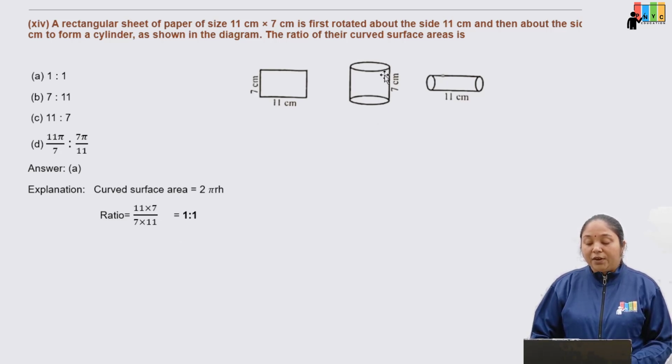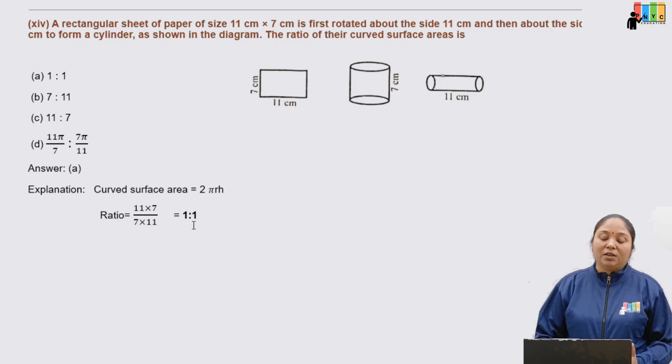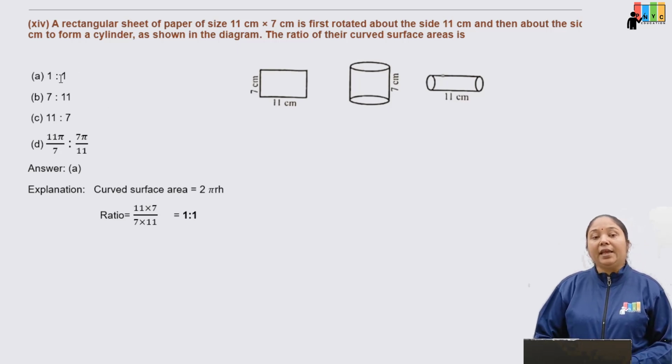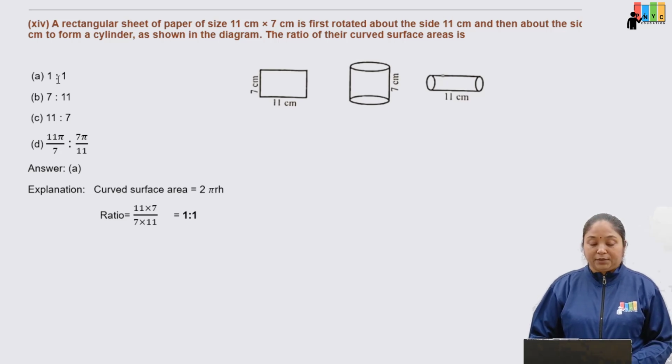And when we roll from 7 centimeter, 2 pi r is nothing but 7, so the height will be 11. So 11 into 7 upon 7 into 11 is a 1:1 ratio. So the curved surface area ratio for the given is 1:1. That is option A, the correct option.